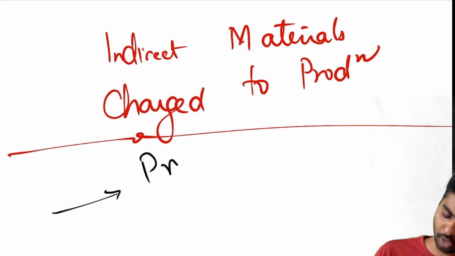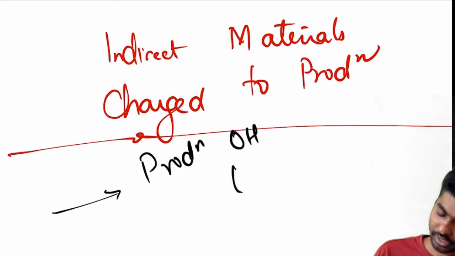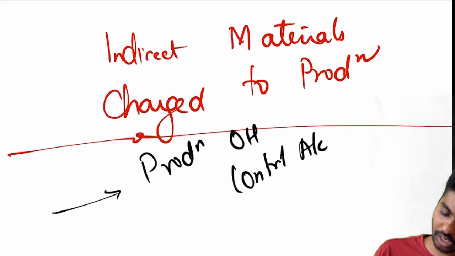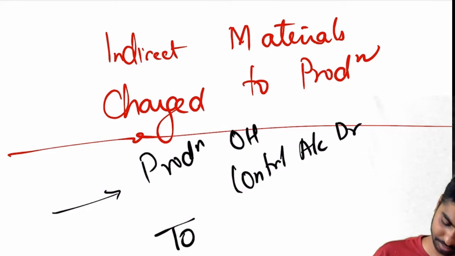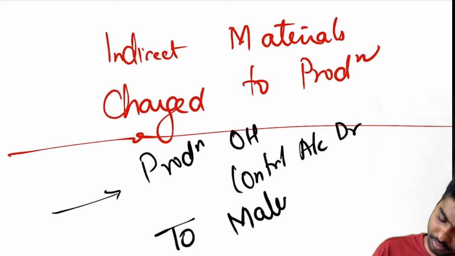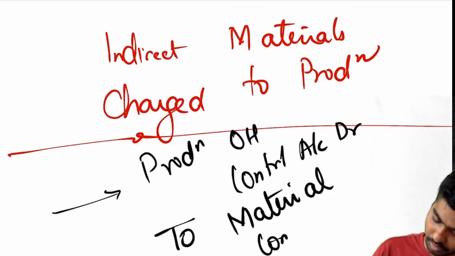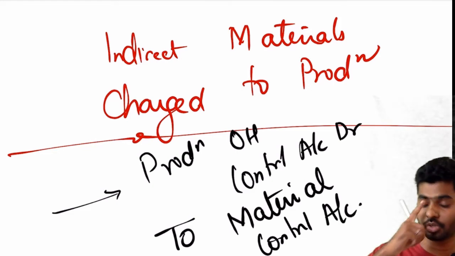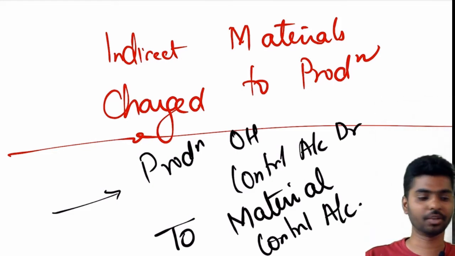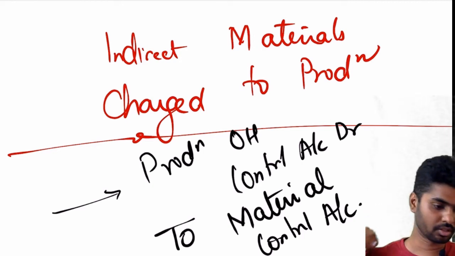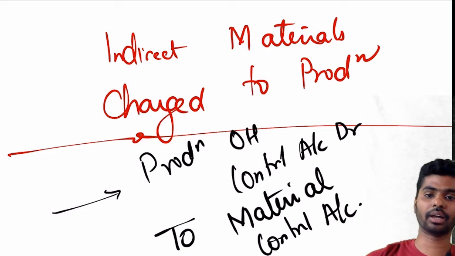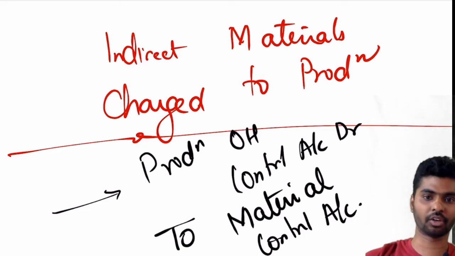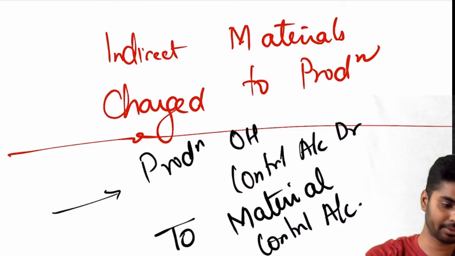It's going to be production overhead control account debit, to the department which is giving it, material control account. Are you clear with all the three entries? Okay, now I'll give you guys questions. I want you guys to say which of these are right.